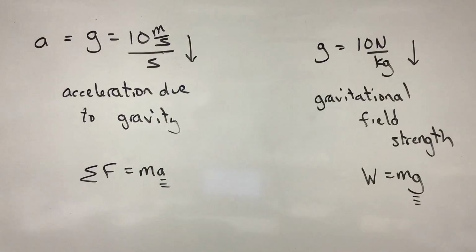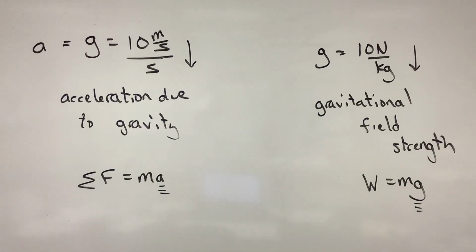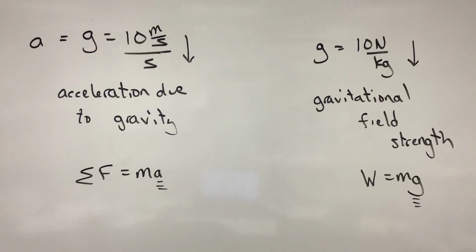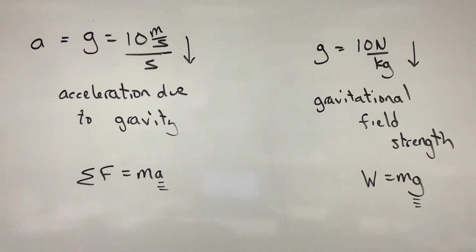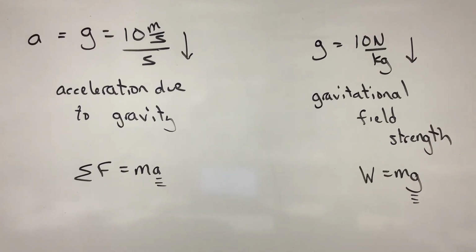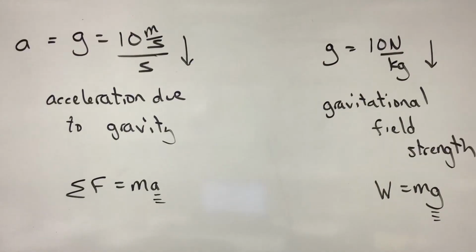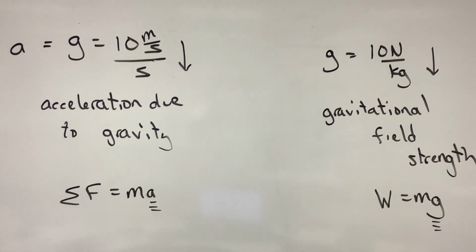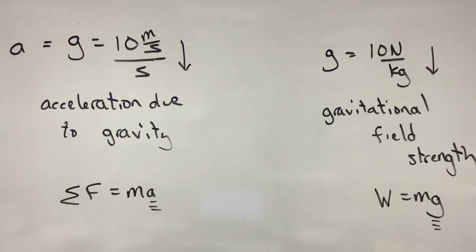So keep those things separate. An object in free fall without air friction will accelerate downward at 10 meters per second every second. But the weight of an object is dependent upon the local gravitational field strength, which is 10 newtons per kilogram. Keep them separate. You'll have to use mass and weight and acceleration of objects and compare things in these problems.